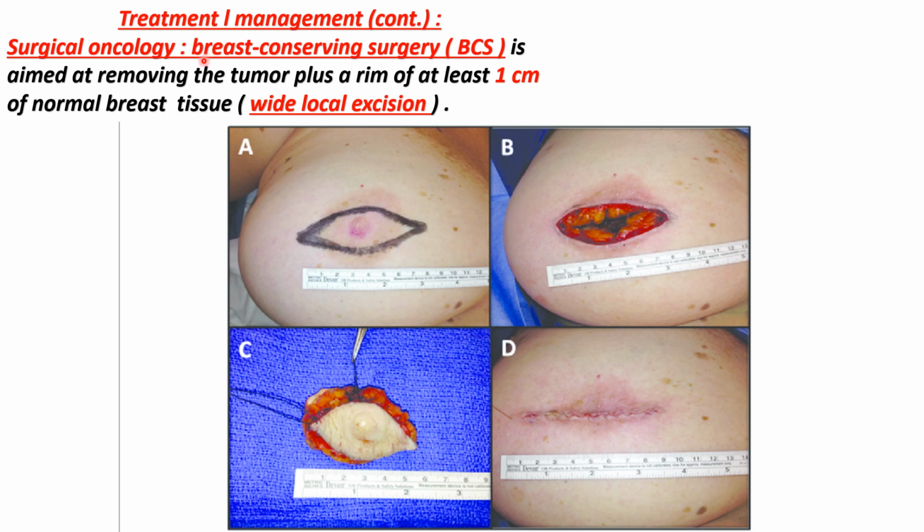The operation is called breast conserving surgery, BCS. It is aimed at removing the tumor plus a rim of at least 1 centimeter of normal breast tissue. This is called wide local excision.